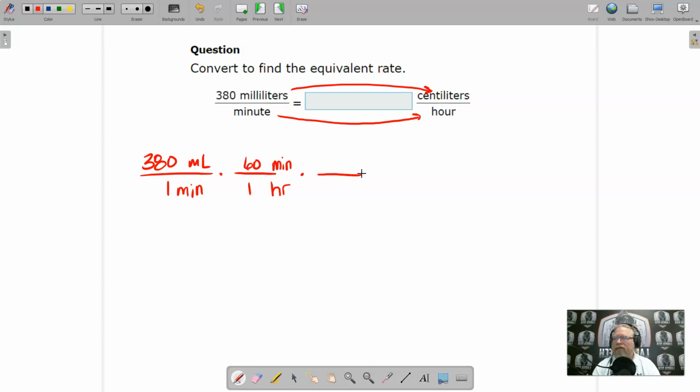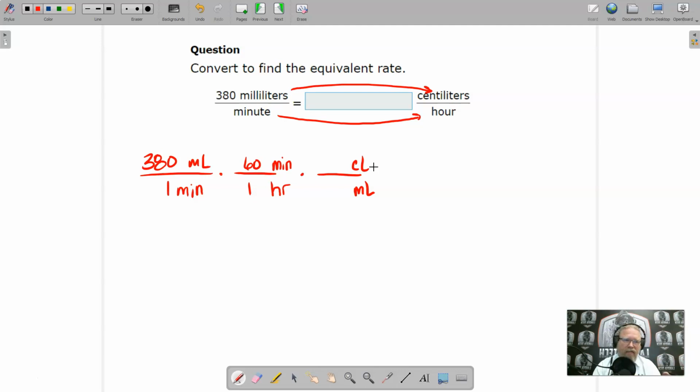Now I need a conversion factor to get from milliliters to centiliters. Milliliters is up here in the numerator, so I'm going to put this in the denominator, and then centiliters I'm going to put here. If you think back to that chart, milli and centi are just 1 unit away, right?